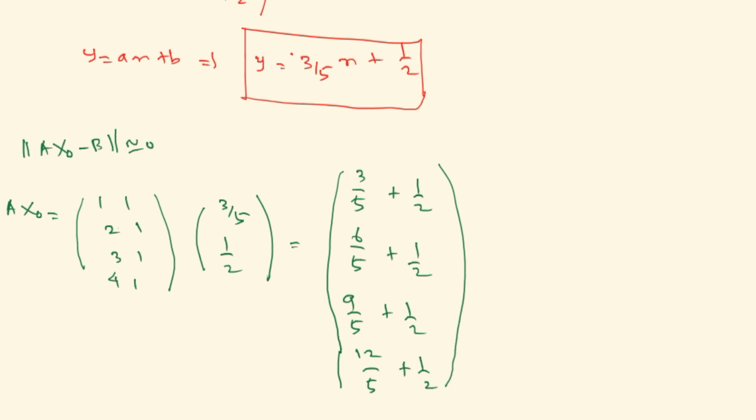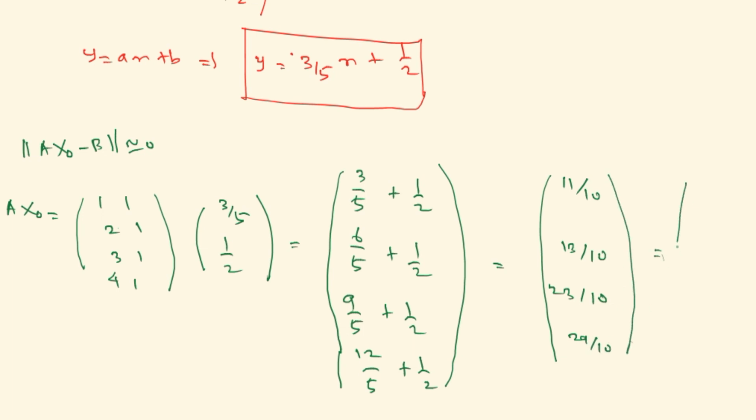Taking LCM 10, simply cross multiply: 6 plus 5 is 11, 11 by 10, 13 by 10, 23 by 10, and 29 by 10. Or use the decimal values 1.1, 1.3, 2.3 and 2.9.